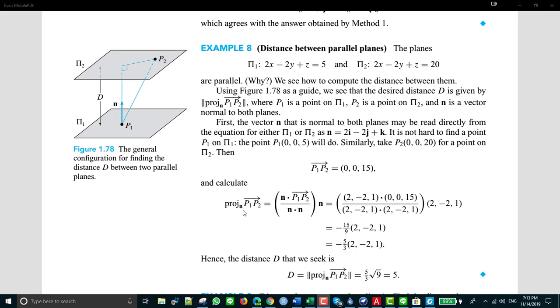Now we can calculate the projection onto n by using this formula. So it's n dot this, in the direction of n, or times n. So we get all of this, we get this, we get this. And then we just want the magnitude of this for the distance.